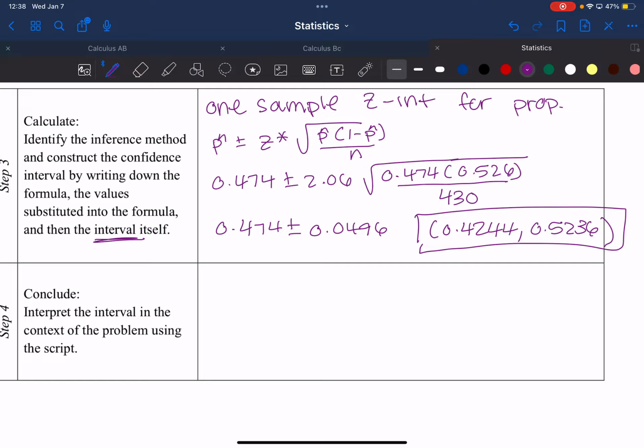Okay. So then the last thing I have to do is write my sentence using the sentence stem.